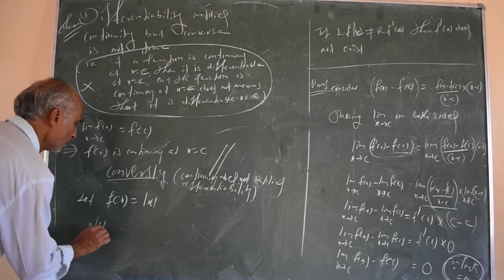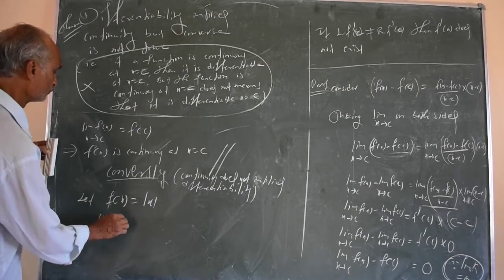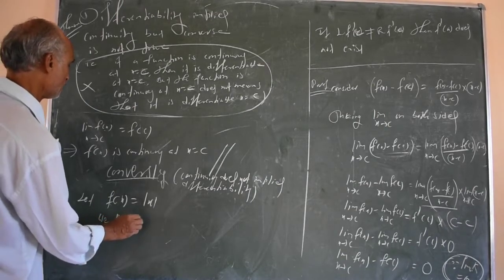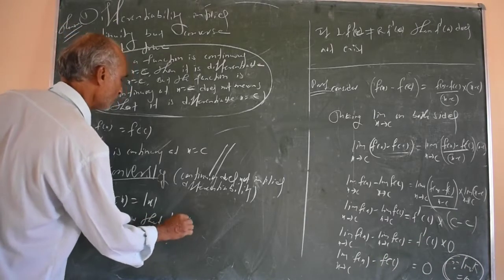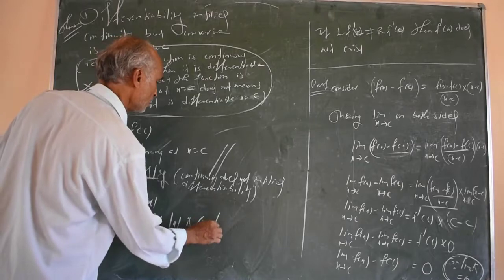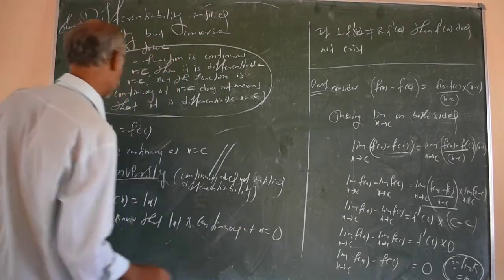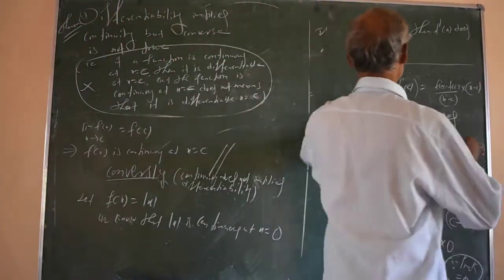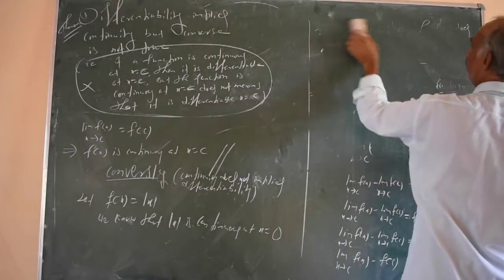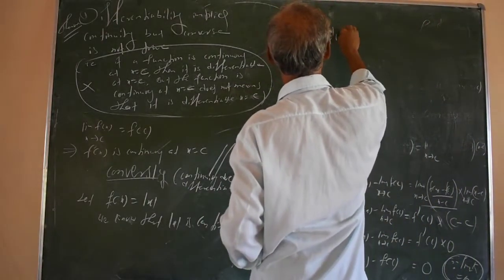We know that mod x is continuous at origin, that is, at x equals 0. But is it differentiable? Let us take the left hand derivative f dash of 0.